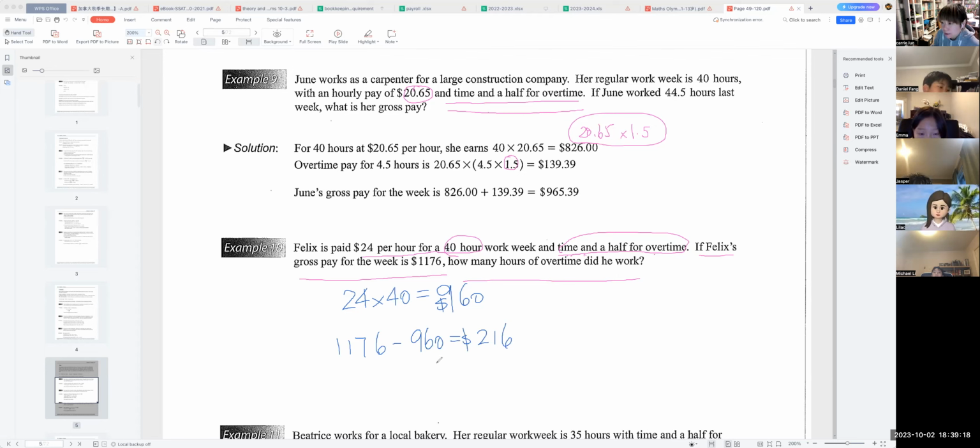But how many hours of overtime? We need to find out the overtime rate first. So 24 times 1.5 equals 36. That's the overtime rate. So 216 divided by 36 equals what? 6. So it's exactly 6 hours of overtime.